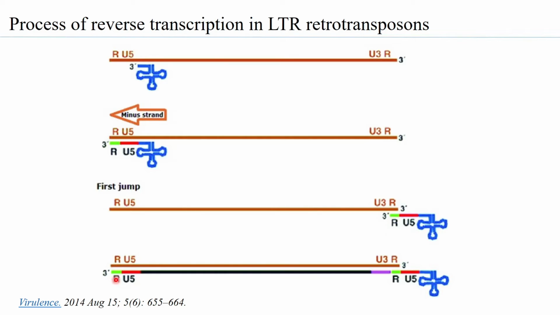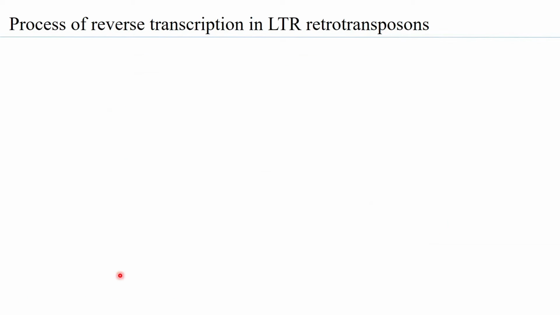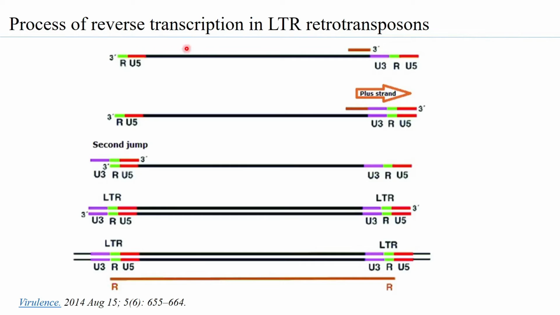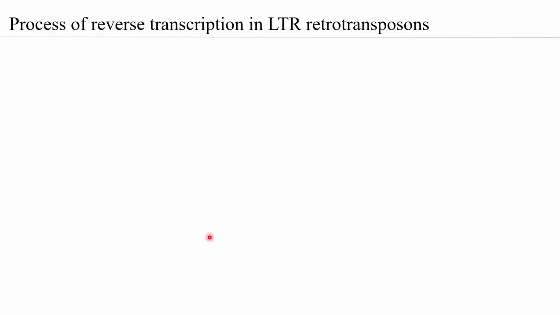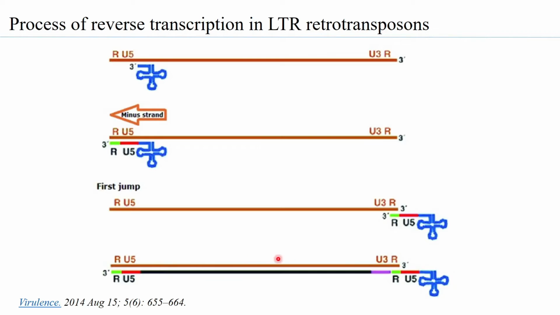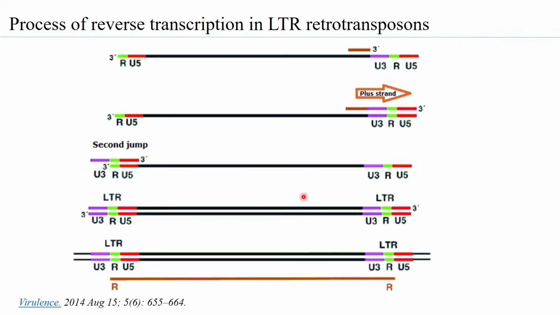Now, what happens is that the ORF also gives rise to RNase H. So that RNase H is going to cut the RNA that was present. So you see that you have the RNA present over here, correct? This is the original RNA element, and this original RNA element is going to be degraded by the RNase H. But a small portion of that RNA remains bound to the polypyrimidine tract that is present in the 3' UTR.